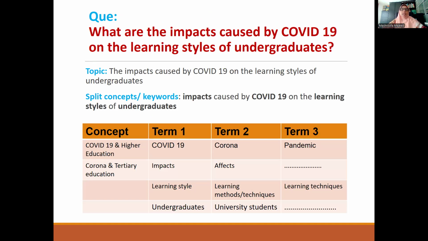Here your lecturer has given you a topic: What are the impacts caused by COVID-19 on the learning styles of undergraduates? So you have identified the topic and split the words: impacts, COVID-19, learning styles, undergraduates. These are the 4 keywords. Then you have identified the terms, synonyms, etc.